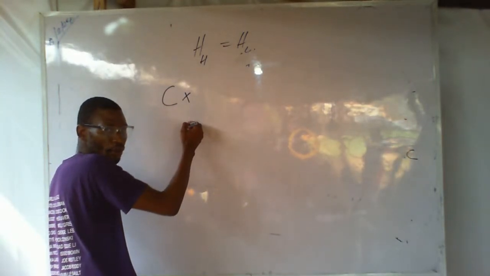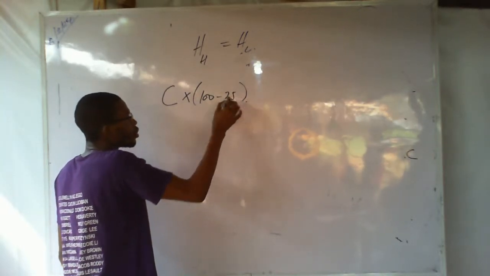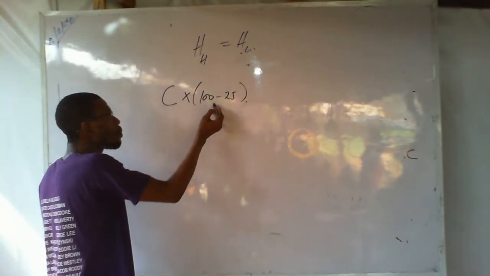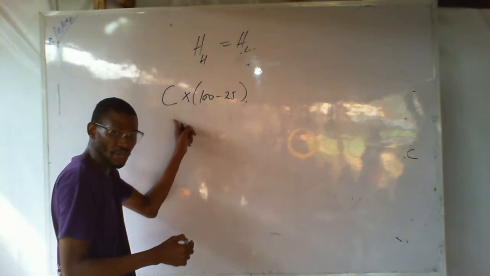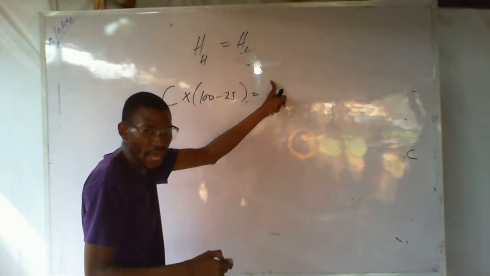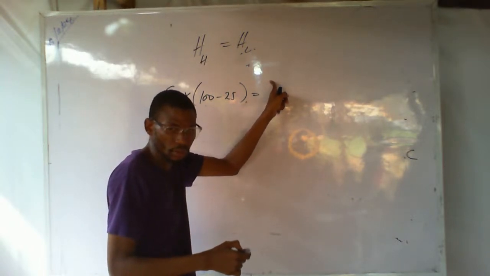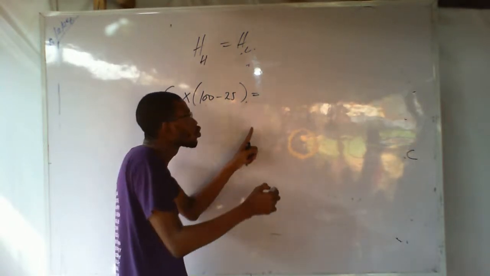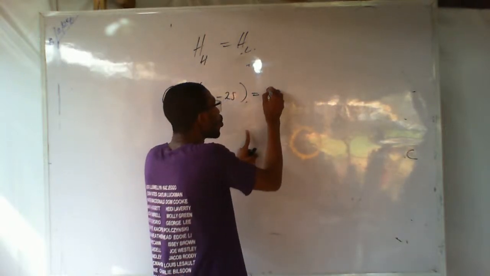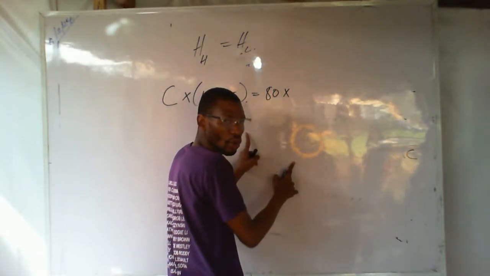What's the change in temperature? 100 minus what? Wait. 100 minus 25. That's where the mistake is. I'm going to re-express it now. You are given 80 joule per Kelvin for which one? For the calorimeter.